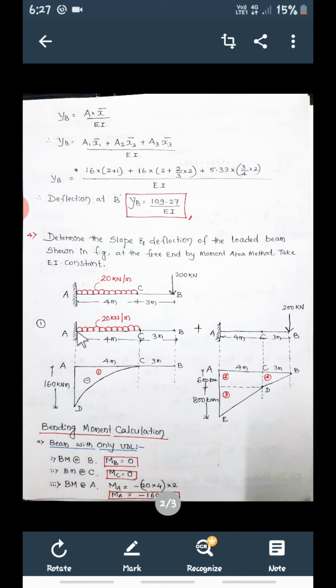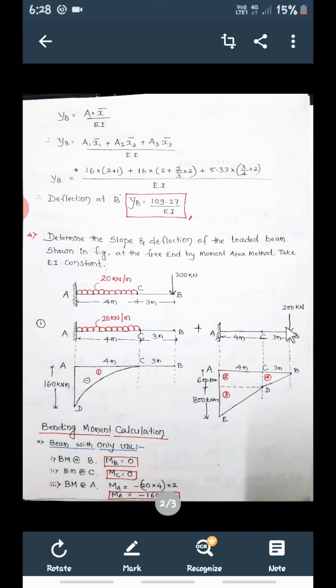So minus 20 into 4 into 2 is minus 160 kilonewton meter. So the bending moment at B is 0, at C is 0, and at A is minus 160 kilonewton meter. This is for only the UDL.